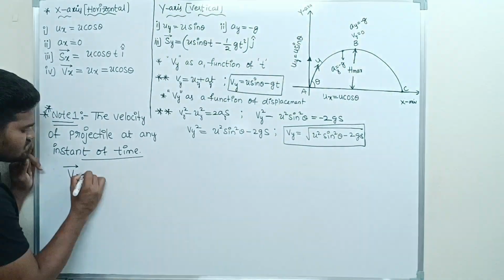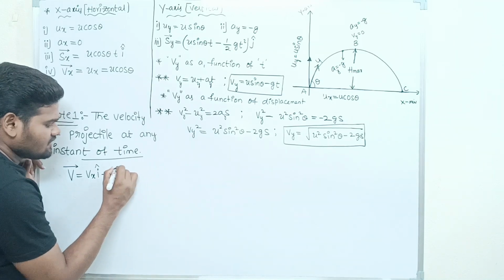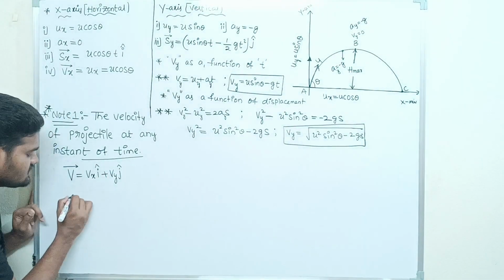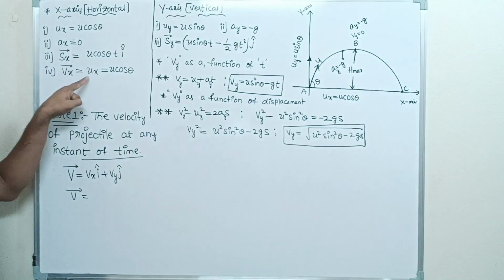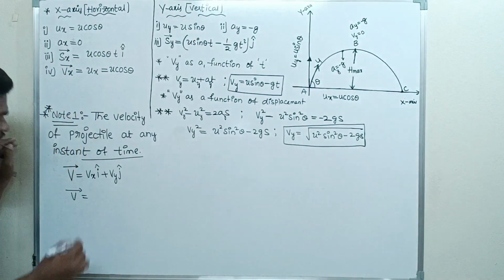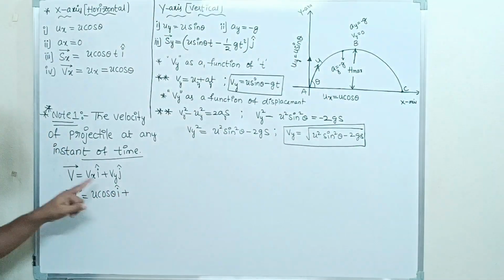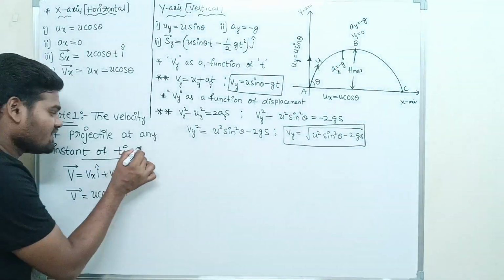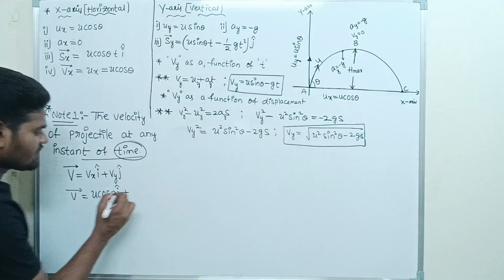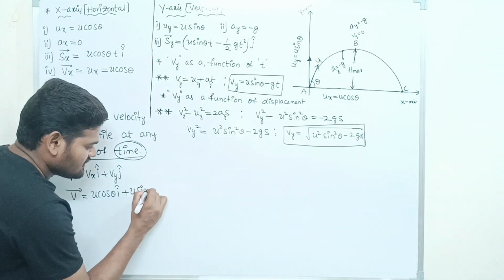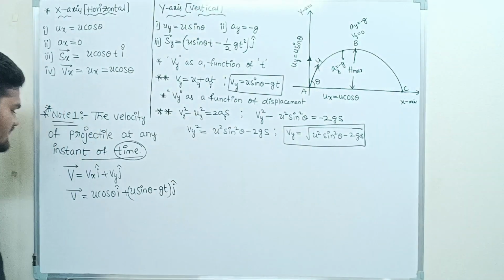V bar is equal to Vx i cap plus Vy j cap. The value of Vx is equal to ux, which is u cos theta i cap, plus Vy as a function of time, which is u sin theta minus gt j cap. That's it.